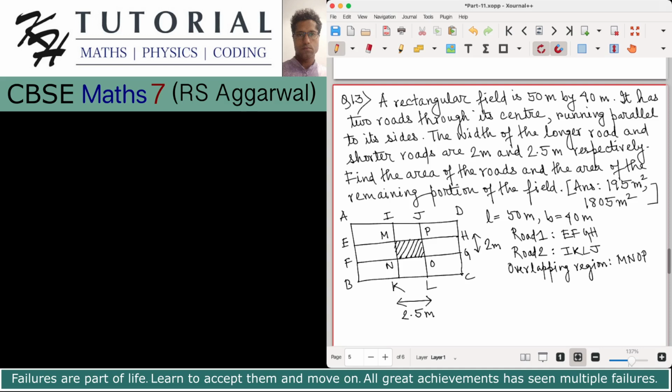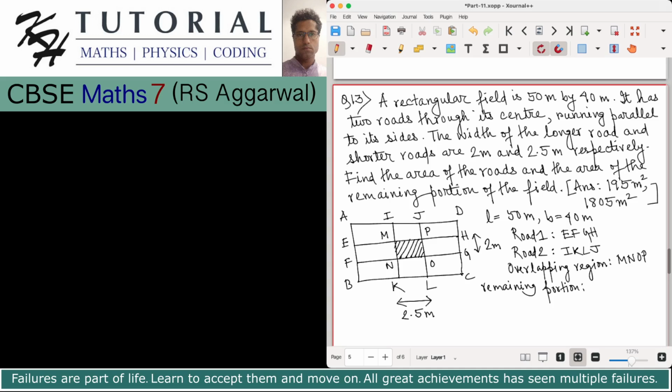And also note, we have to find the area of the remaining portion of the field. Now, what is the remaining portion of the field?